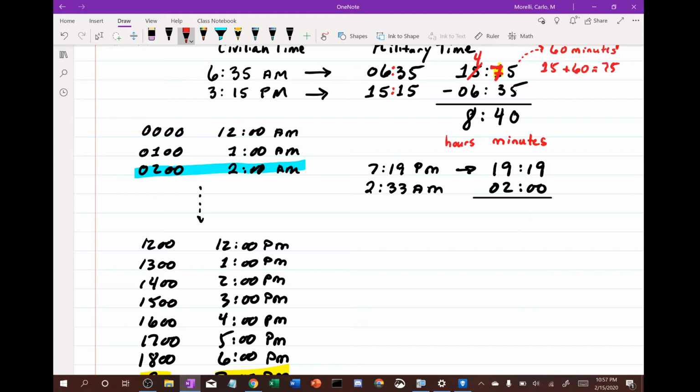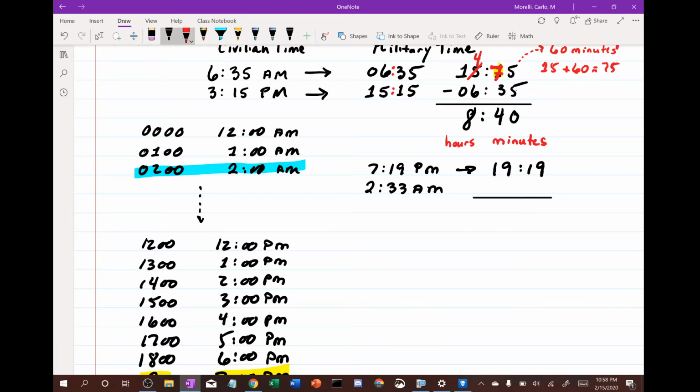So if you get into work and it's 19:19, the way that I would do this is I would get to 2400 or 0000, and I would add time to it. So what I would write, instead of writing 02, I should have written 0233.